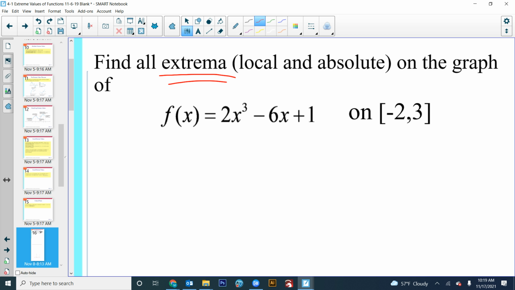Do we all agree a cubic with a positive leading coefficient could look something like this? How many extrema are we expecting it to have? At least 2. Why am I saying at least? Because it could be 1. Well, could it be 1? Oh, extrema, no. Critical point, I agree.